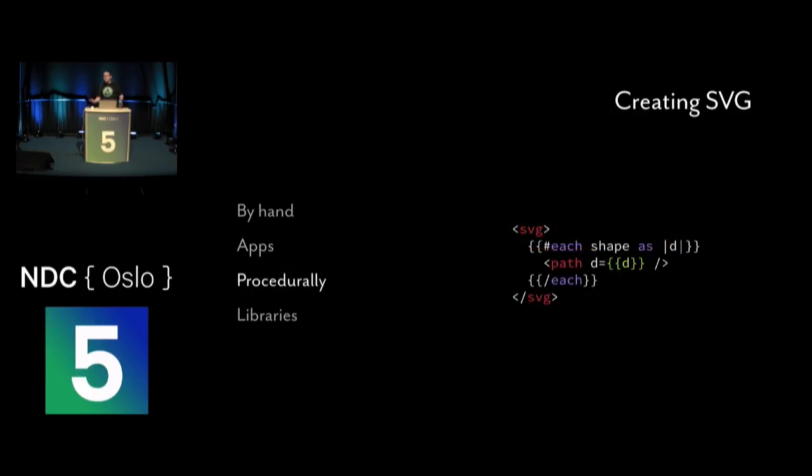So we are programmers here, so another option that we have is to use code to generate some of our SVGs. So here you can see an example written in HTML bars, which is a variant of handlebars. And because SVG is a normal markup language, we can put it right there in the middle of the rest of our template language. So in this case, I've got some sort of array that I'm calling shape, and then it has individual items within it that we can pass into this path property.